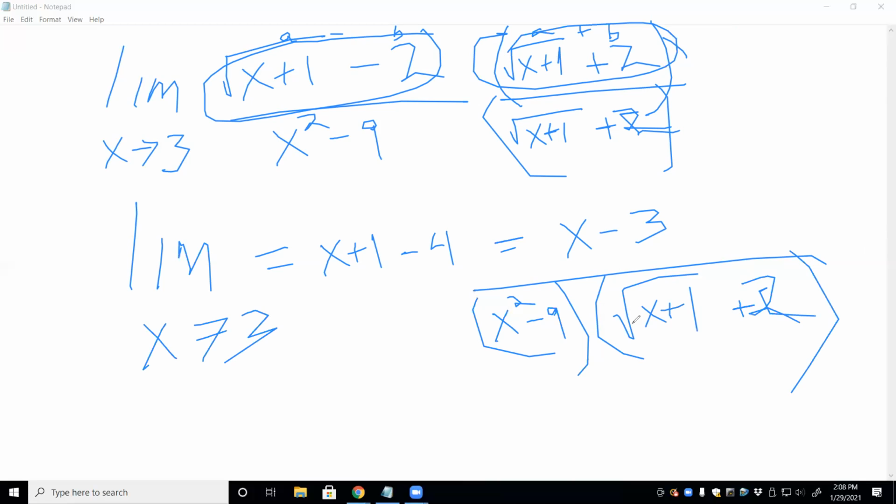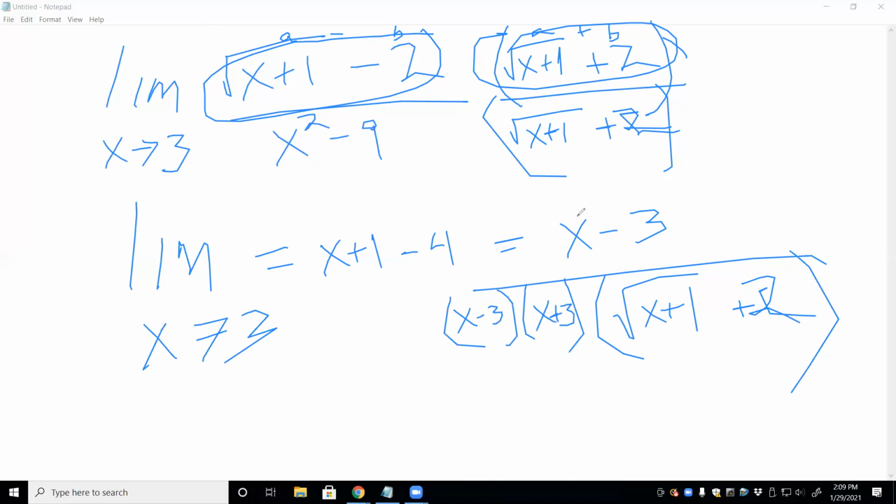But notice that I can do something that is quite effective with the denominator. I can factor x squared minus 9, with x minus 3 times x plus 3.